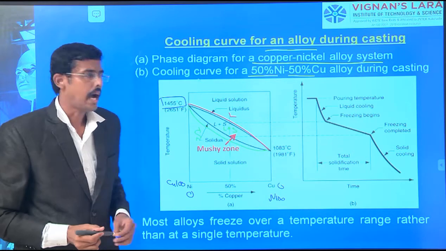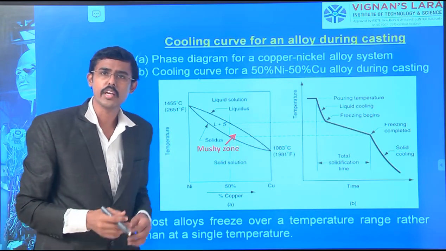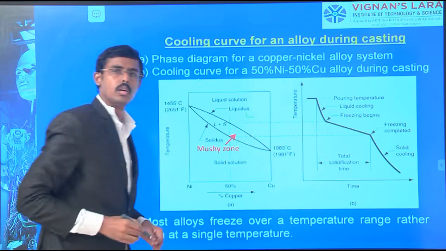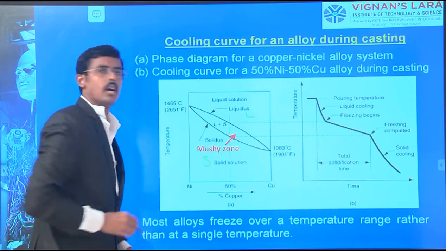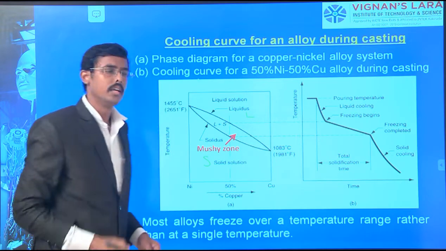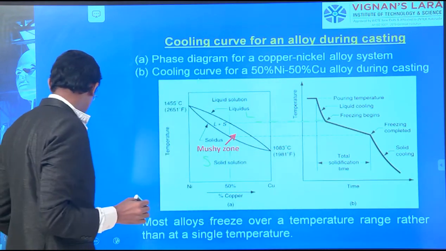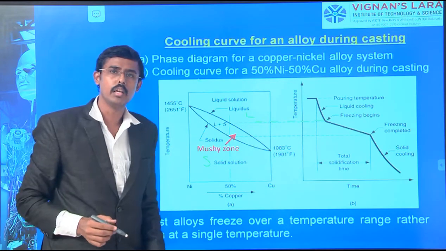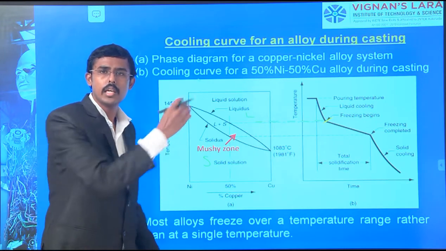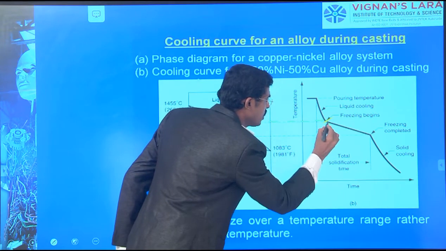So here I want to compare the solidification process that takes place from the liquid to the solid zones, and the time taken between these two, which I have taken as a graph. It means the starting point of the liquid is here, and the end point of the liquid to solid transition takes place in between, over the gap of time.